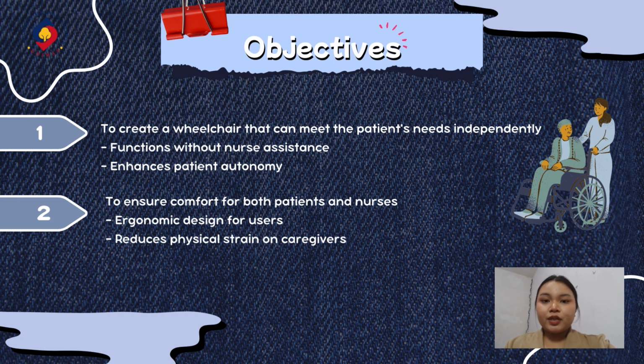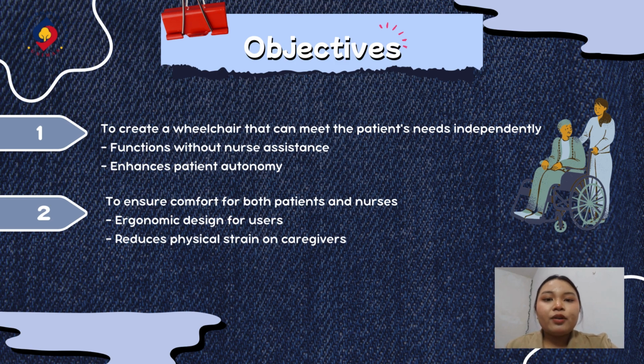Hi, my name is Luciana Jyoti Anak Hendry, metric number 99541. So let's begin with why we undertook this project. Our two main objectives were: first, we aim to design a wheelchair that allows patients to move independently even when a nurse isn't present. This isn't just about mobility, it's about restoring autonomy and dignity to the user.